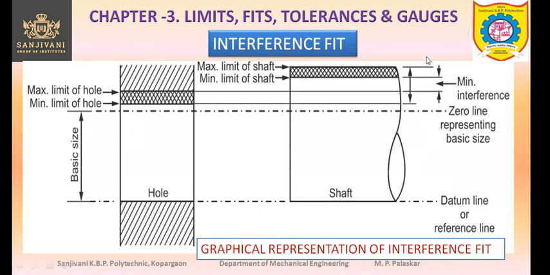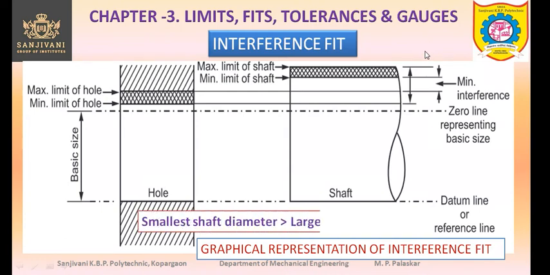But again, we should see exactly the meaning of the interference fit. In interference fit, the smallest shaft diameter is greater than the largest hole diameter. So what is the smallest shaft diameter? This is the smallest shaft diameter. From this point to this point is the shaft, this is the smallest shaft, this is the largest shaft.